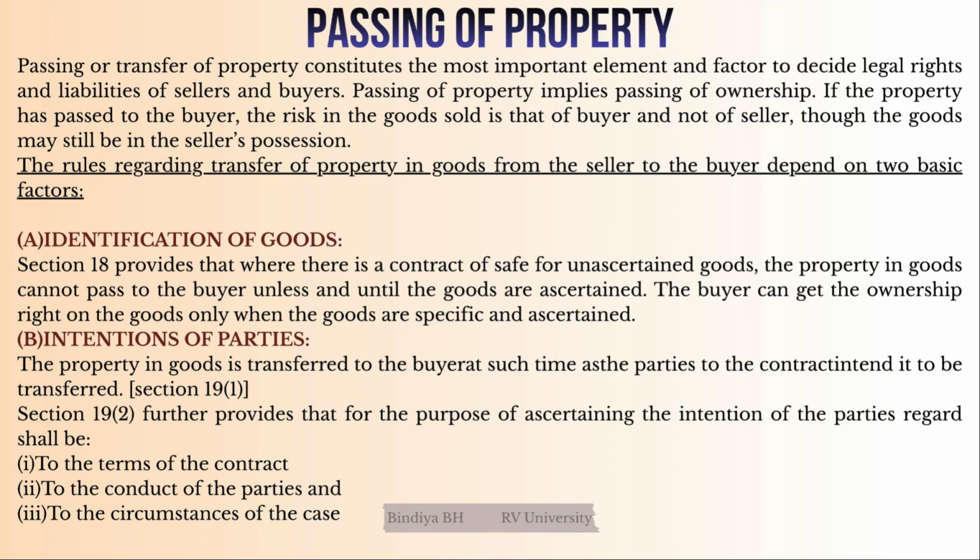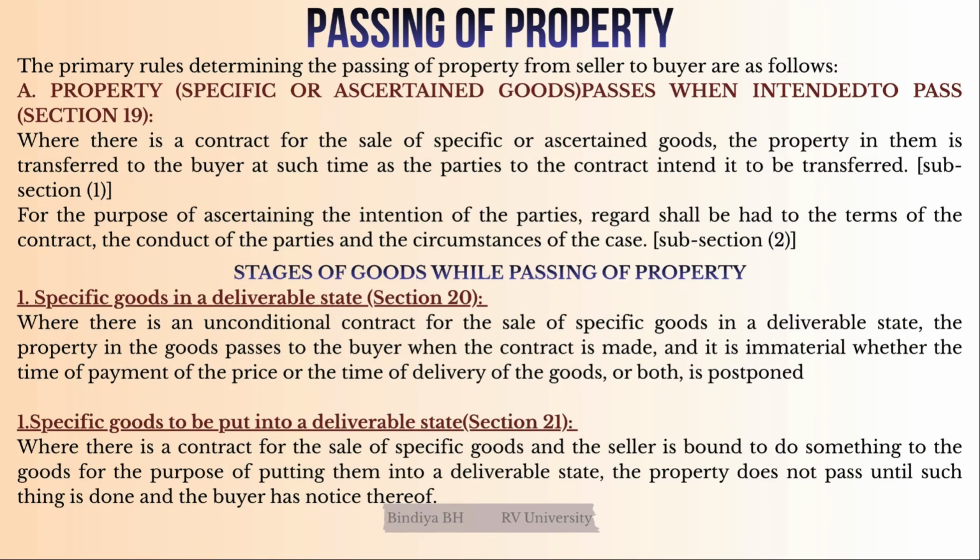So, rule number one: if the specific goods are in a deliverable state, then the ownership passes at the time of contract itself. For example, A agrees to sell his bike to B for rupees 50,000. Now the bike is fully ready and nothing more needs to be done.